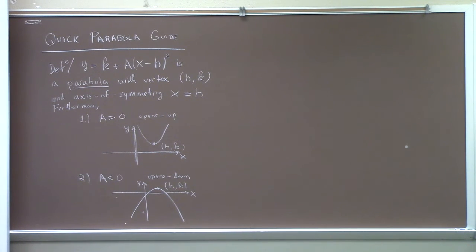In fact, these are global minimums and global maximums, because no matter how far you go from the vertex, it's still the biggest or the smallest for a parabola. But that's kind of it. If you understand this and can use it, you can graph parabolas pretty easily.